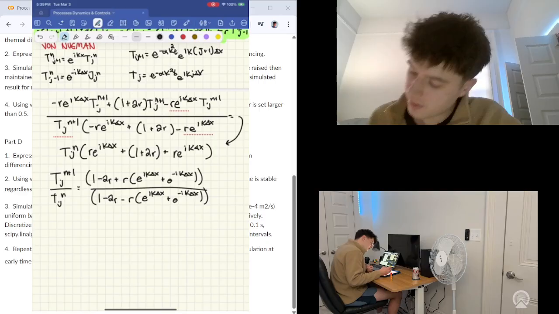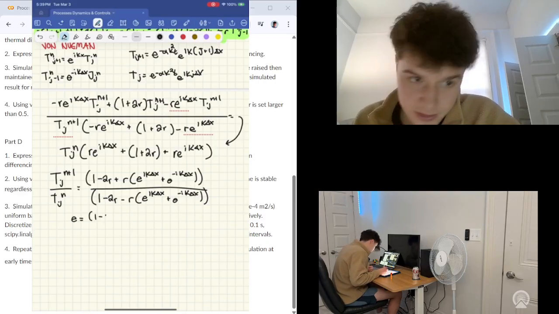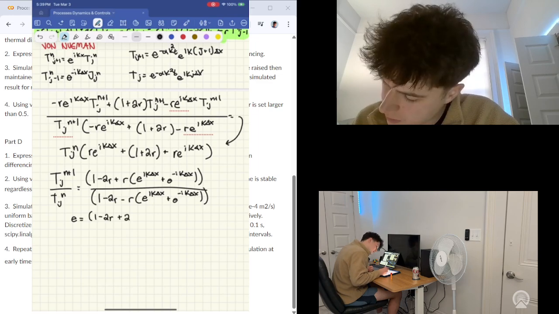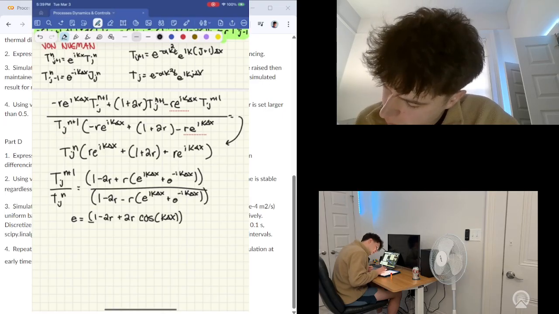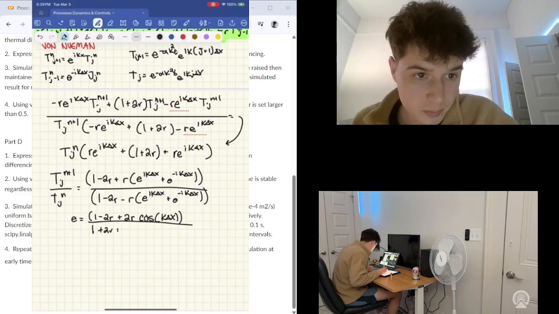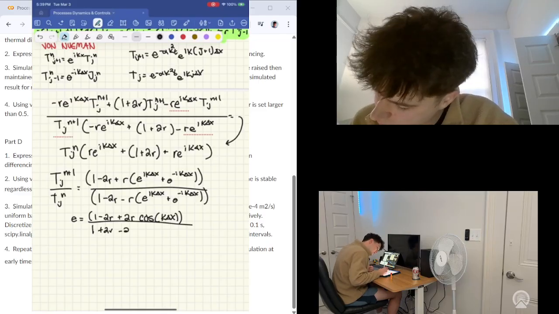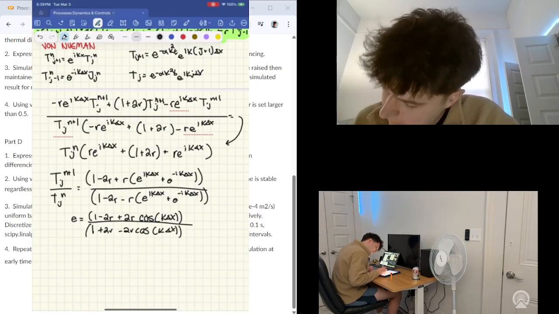What you're left with is E equals 1 minus 2R plus 2R cosine kΔx over 1 plus 2R minus 2R cosine kΔx.